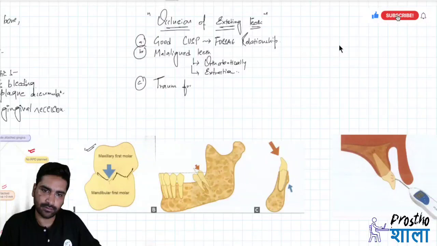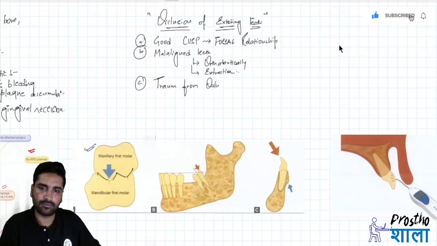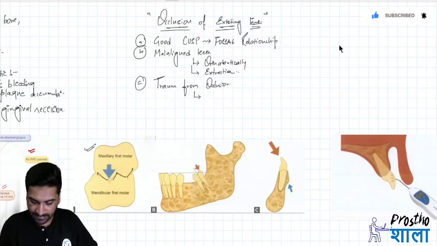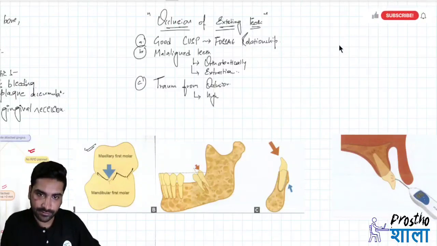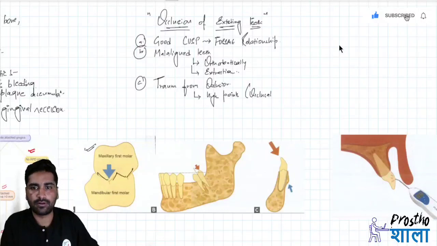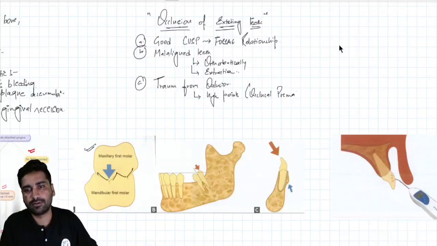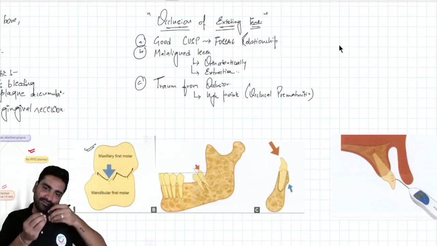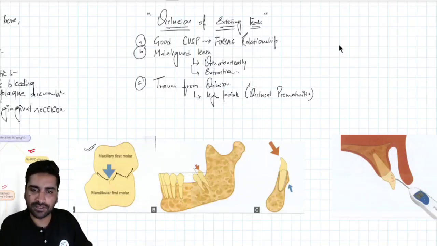One more thing which you need to be aware about is trauma from occlusion. Sometimes due to trauma from occlusion there are chances, right, that there might be high points or occlusal prematurities. Okay, some point of the teeth will be interfering, that is called an occlusal prematurity.